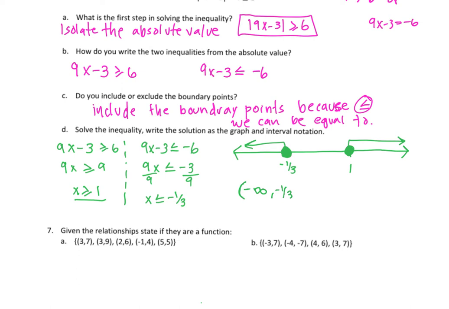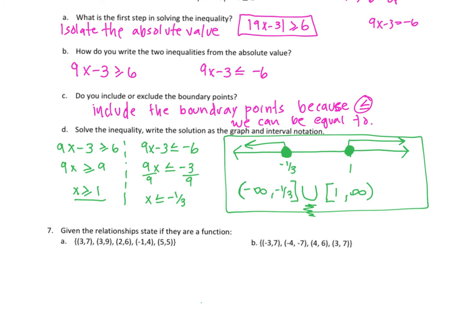So we go negative infinity to negative 1/3, bracket, or close. Then we use a U to represent that we're jumping that region, so it's in this region or in the region 1 to infinity. And that is our answer. The answer to inequalities will combine the graph and the interval notation.